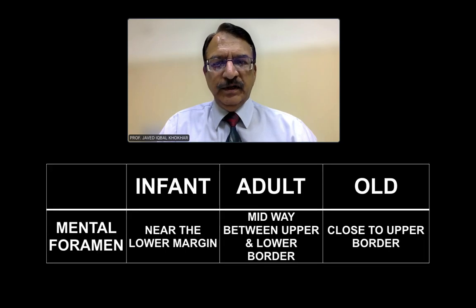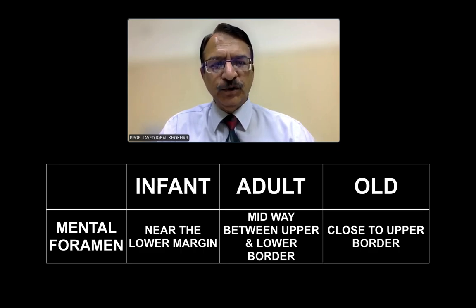Then about the mental foramen, in infants it is near the lower margin. In adults, it is midway between upper and lower border. And in old age, it is closer to the upper border because of the resorption of the bones of the alveolar ridge.